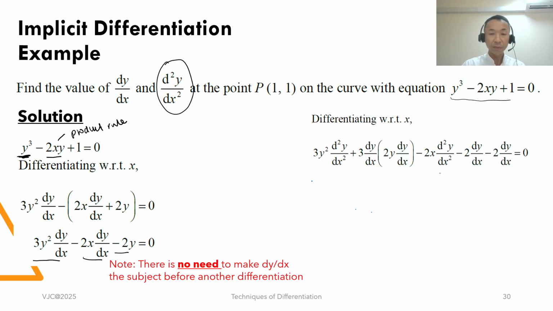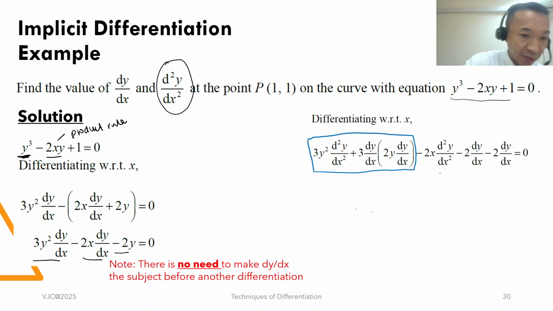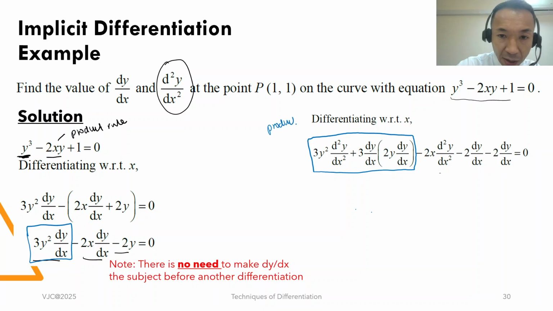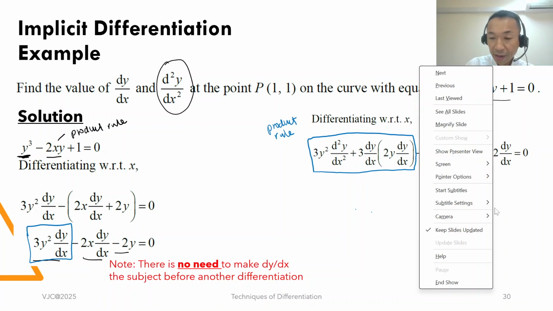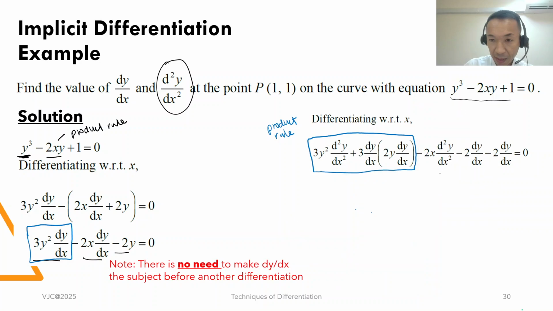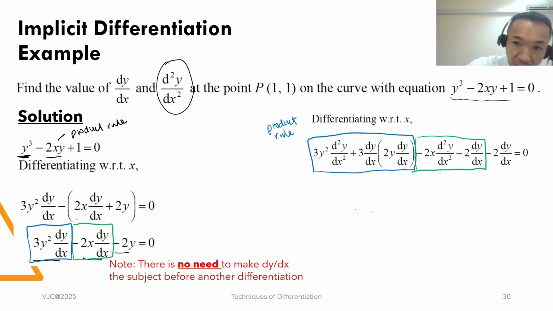Now this term here is from differentiating this. Let me be very clear. Use product rule. Again, I want to emphasize product rule. And these two terms here are from differentiating this using product rule again.